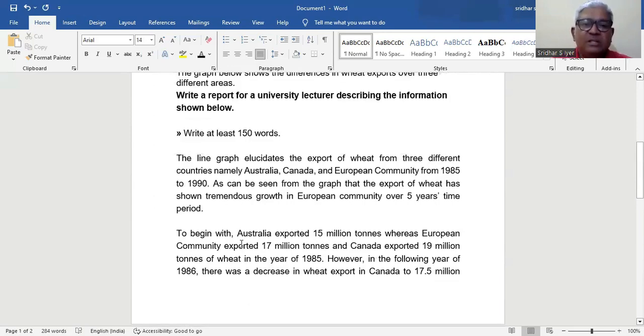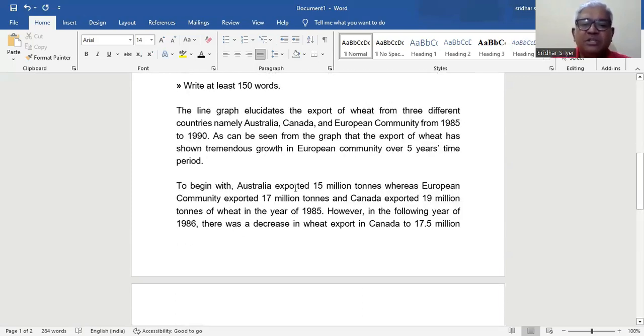Let's proofread it once. The line graph elucidates the export of wheat from 3 different countries, namely Australia, Canada, and European Community from 1985 to 1990. As can be seen from the graph that the export of wheat has shown tremendous growth in European Community over 5 years time period.